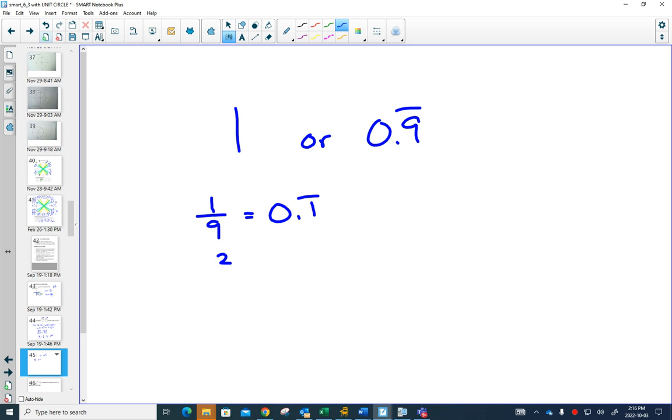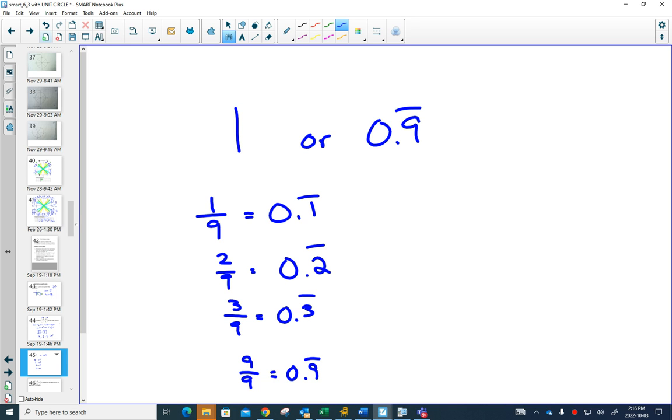Does anyone know what 2/9 is as a decimal? 0.2 repeated. 3/9? 0.3 repeated. 4/9, 0.4 repeated. 5/9, 0.5 repeated. 6/9, 0.6 repeated. 7/9, 0.7 repeated. 8/9, 0.8 repeated. What's 9/9? 0.9 repeated.